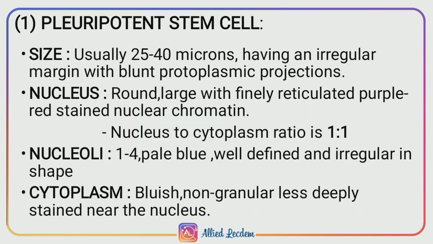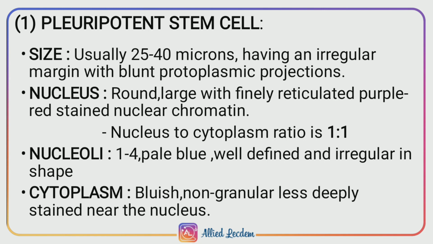Pluripotent stem cell. The size of the cell is usually 25 to 40 microns and it has an irregular margin with blunt protoplasmic projections. Its nucleus is round and large and its nuclear chromatin is finely reticulated and arranged with purple-red stain.